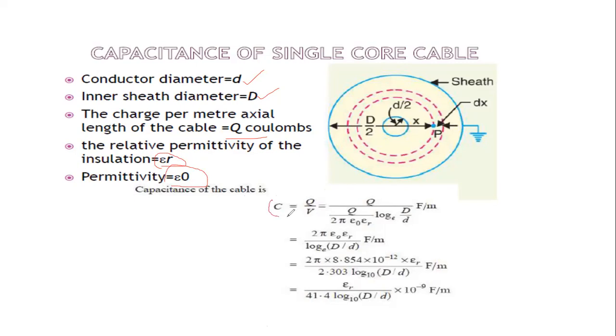What is the formula for capacitance? C is equal to Q by V, where Q is the charge in coulombs and V is the voltage.